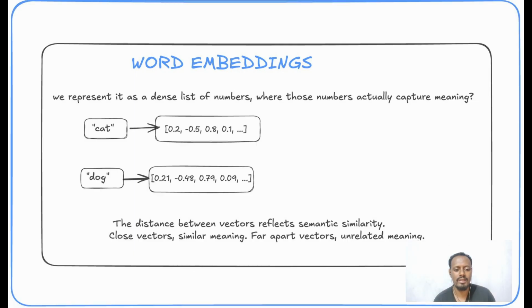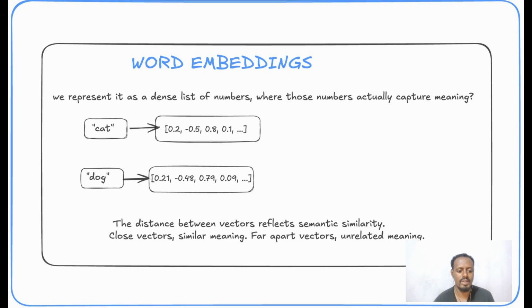That's the whole point. Words with similar meaning get similar vectors. Words that are unrelated get very different vectors. The distance between vectors reflects semantic similarity. Close vectors, similar meaning. Far apart vectors, unrelated meaning.